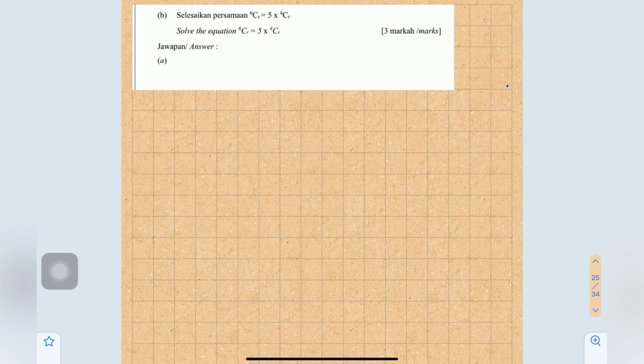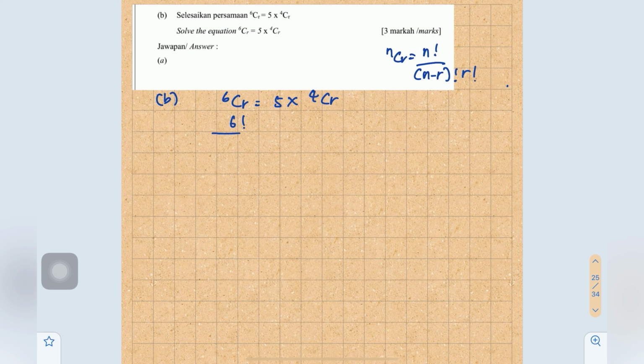B, solve the equation 6CR equals to 5 times 4CR. Okay, ni lebih kurang macam tadi. So 6CR equals to 5 times 4CR. So kita masukkan dalam NCR is N factorial over N minus R factorial R factorial. So this one is 6 factorial over 6 minus R factorial R factorial equals to 5 times 4 factorial over 4 minus R factorial R factorial.